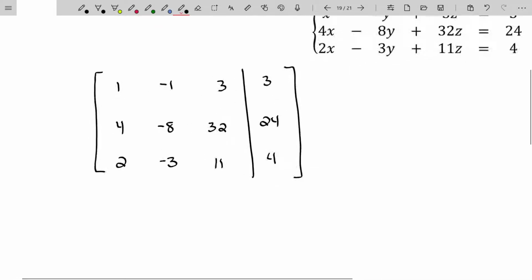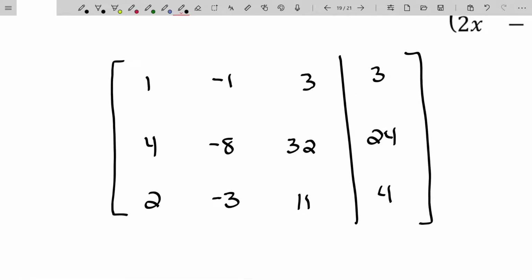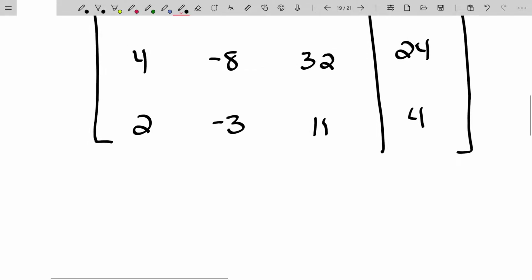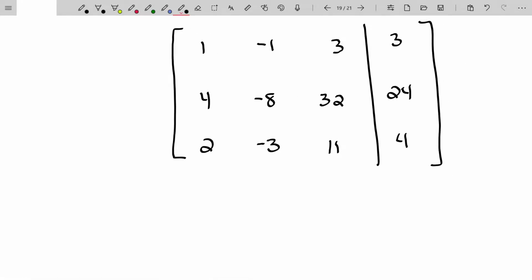All right. First thing I'm going to do, actually, there is a little bit of pre-work you could do here if you wanted to. I haven't mentioned this as a step in any of the previous videos, but I might as well say it here. If you have an equation where everything's already obviously divisible by a number, go ahead and divide that equation by that number. So I can pre-work this system by saying, you know what, I'm going to divide this entire row by 4.